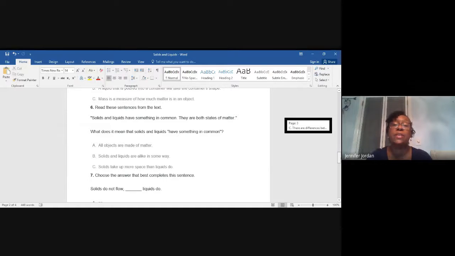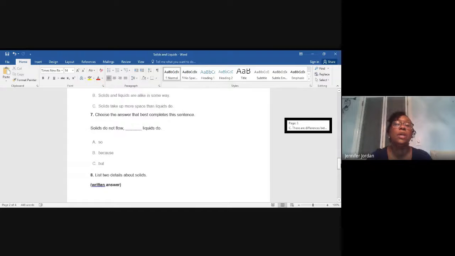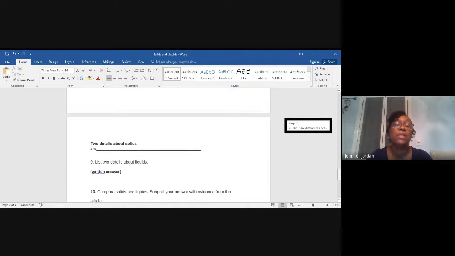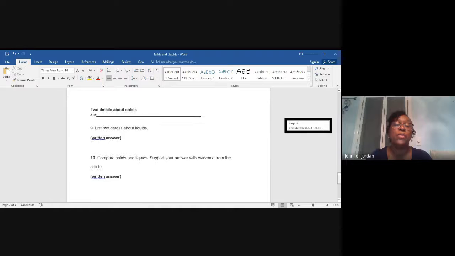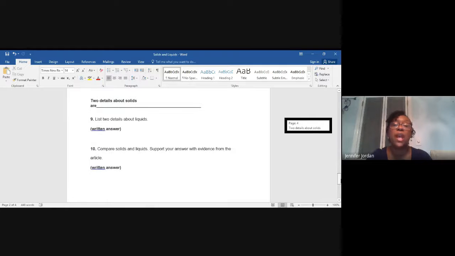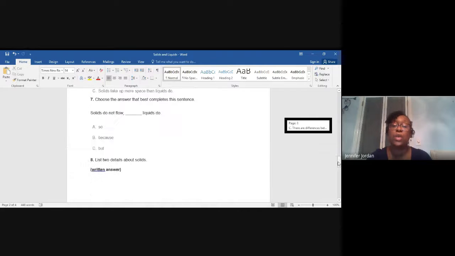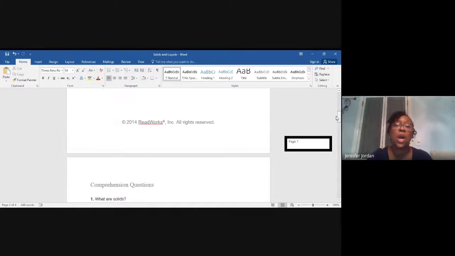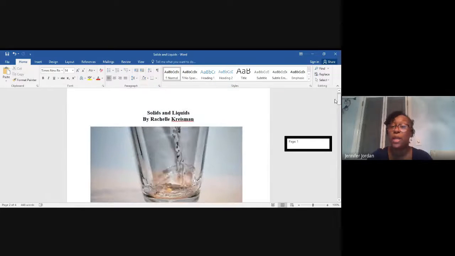They are both states of matter. What does it mean that solids and liquids have something in common? Solids do not flow, blank, liquids do. List two details about solids, and we're going to be looking for two details about liquids, and then we're going to compare them. Now that we have ventured through our comprehension questions, we're going to read it.